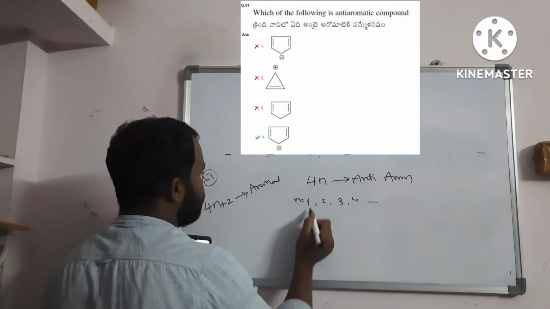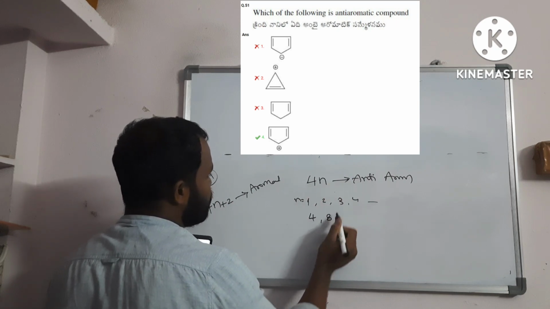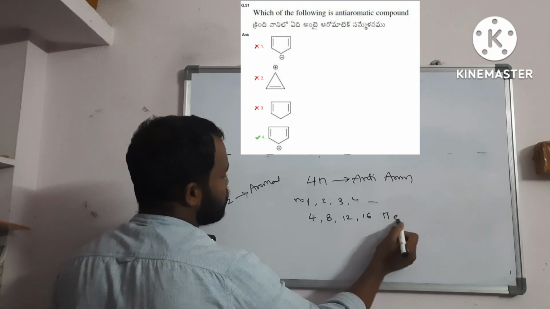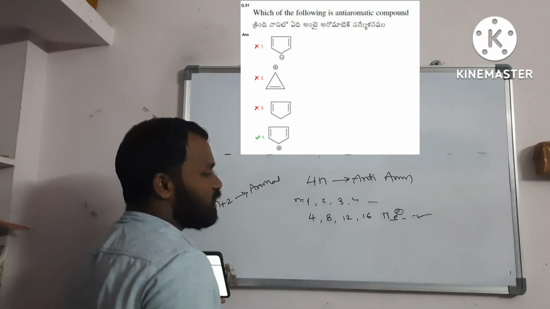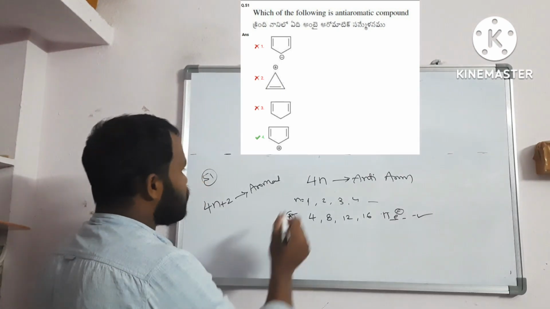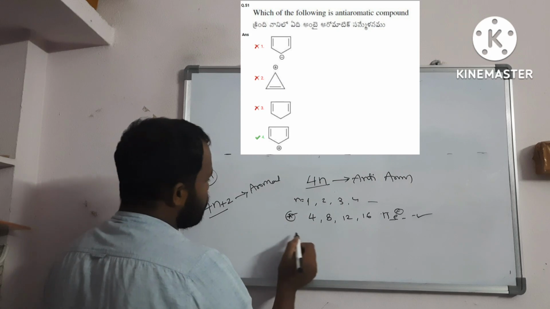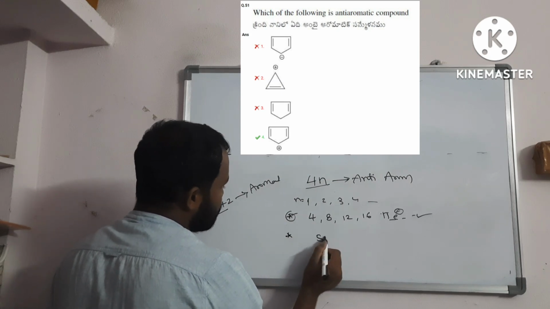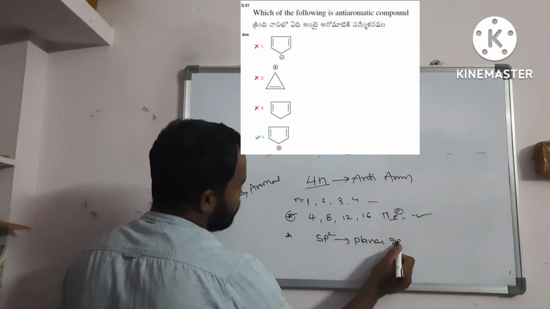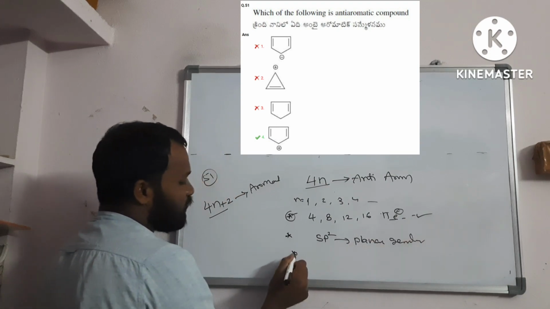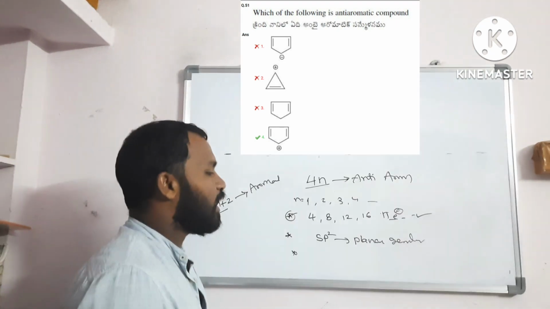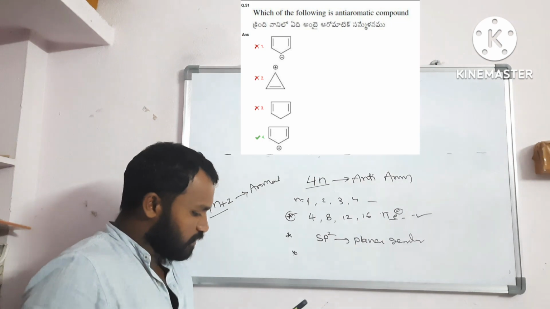For 4n, you get 4, 8, 12, 16 pi electrons. The first condition is that it should follow Huckel's rule, and both should have sp2 planar geometry. If it contains sp3 hybridization, it is not aromatic.